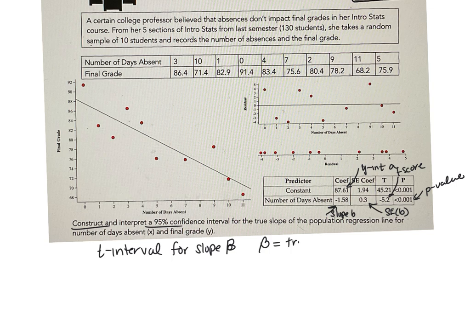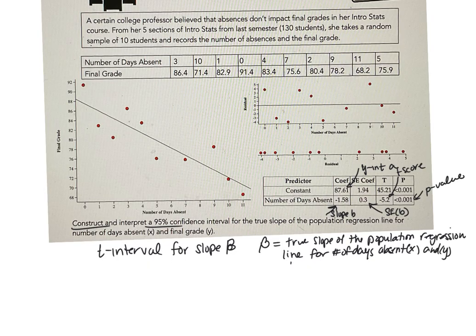Beta equals the true slope of the population regression line for the number of days absent, x, and final grade, y. It can never hurt to just copy it from the problem, okay? So we have 95% confidence.